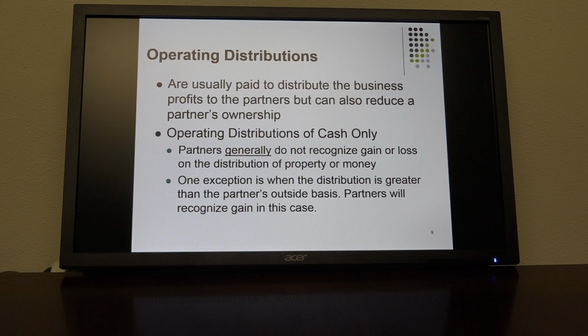All right, so that was just kind of the basics of sale of a partnership interest. So we switch gears here, and we're going back to partnership distributions, operating distributions.